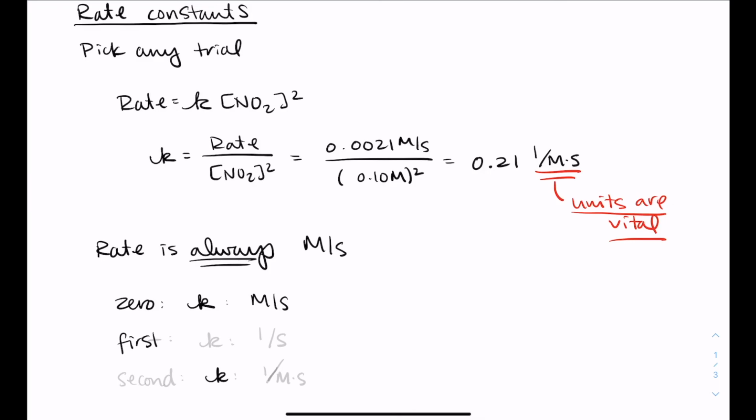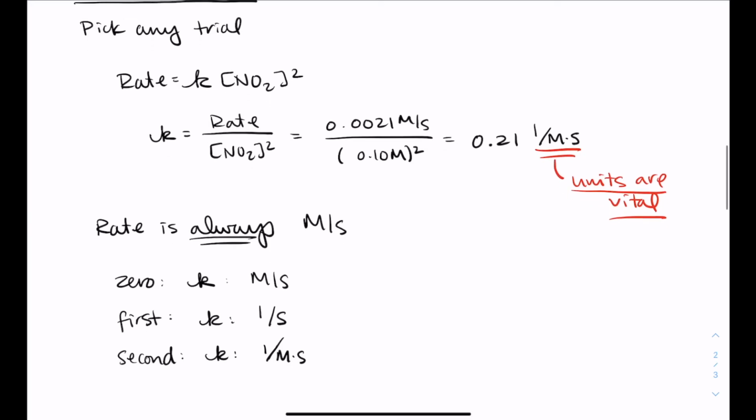Unlike the equilibrium constant, we're not canceling out units before we put our concentrations in. So the concentrations go in units of molarity. The rate is always molarity per second. The purpose of the units on the rate constant is to bridge the gap between those two. So for 0 order, my rate is in molarity per second.